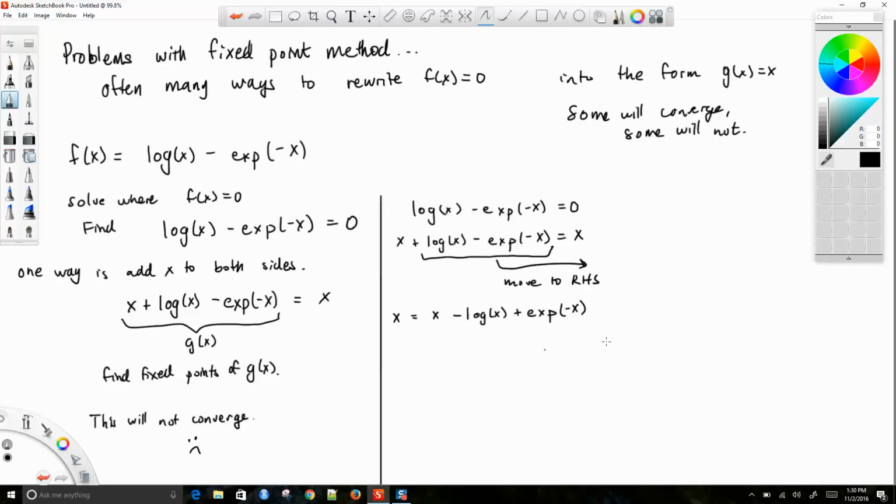That's all I did. And then we're going to call this thing g of x, and then just find the fixed points of g of x. And this will converge.